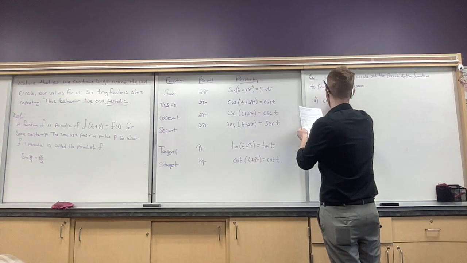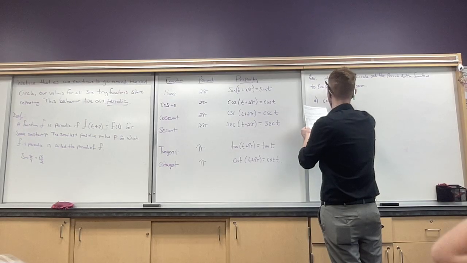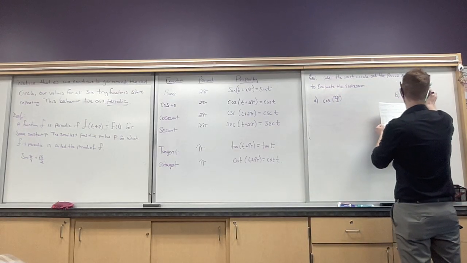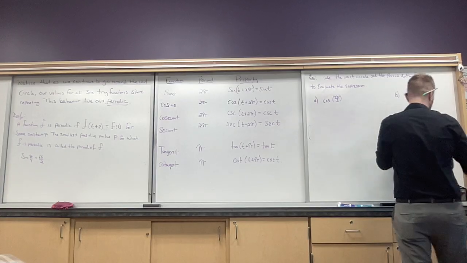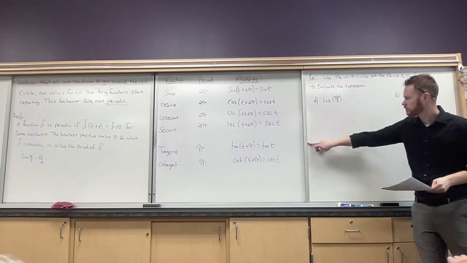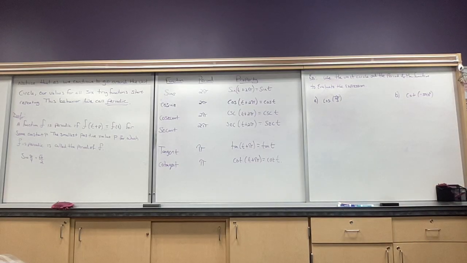We're going to look at cosine of 7 pi over 3, and cotangent of negative 540 degrees. A lot of tables in this lesson.